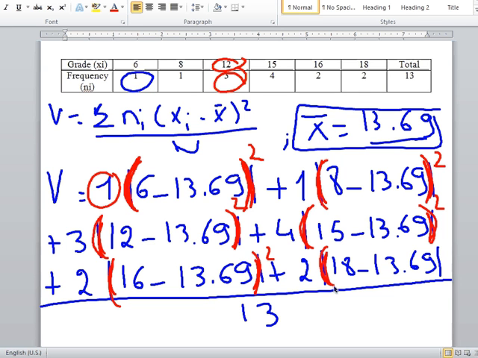Okay, so same steps, but you have xi minus x bar squared instead of absolute value of xi minus x bar, divided by the total frequency, which is 13, and then you will get 11.9. So the variance here is 11.9. Now let's find the standard deviation.